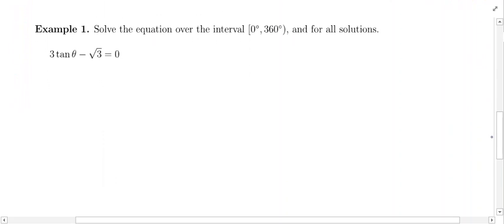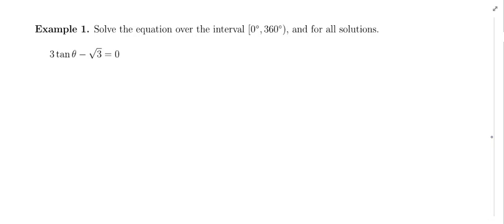In example 1, it says solve the equation over the interval 0 degrees to 360 degrees and also for all solutions. The equation here is 3 times the tangent of theta minus the square root of 3 is equal to 0.